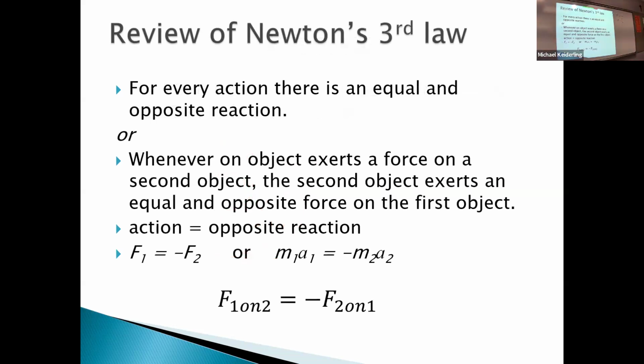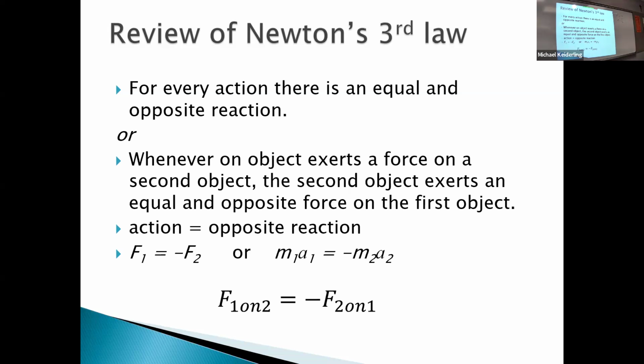So Newton's third law is that for every action, there's an equal and opposite reaction. If I push on something, it pushes back with an equal and opposite force. So whenever an object exerts a force on a second object, that second object exerts an equal force that's equal in size, but in the opposite direction.